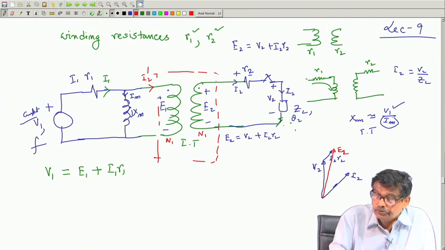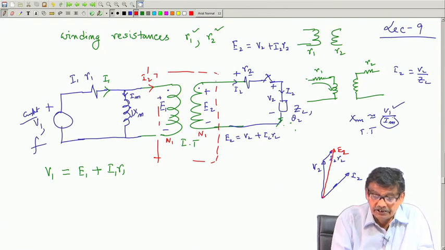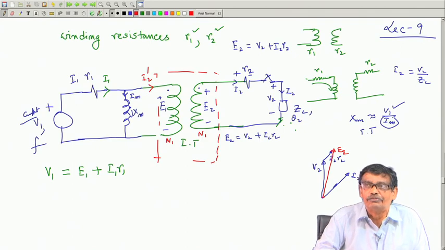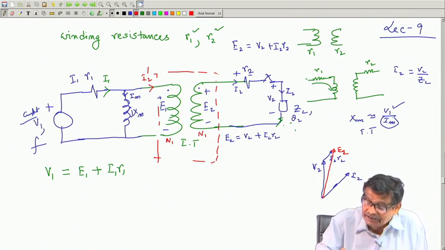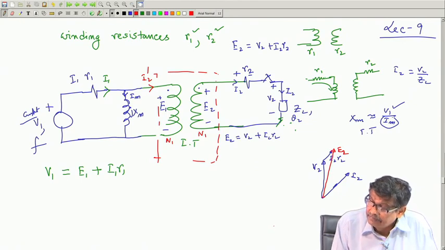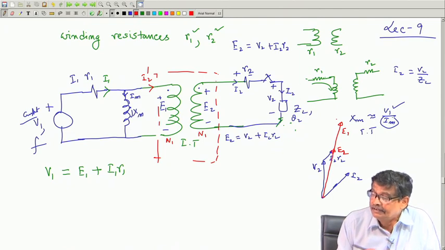If you get E 2, this ratio of voltage is N 1 by N 2, absolutely no doubt. Mind you, this V 1 by V 2 may not be N 1 by N 2 strictly speaking, but these induced voltages are N 1 by N 2. So, E 2 is this, then I know E 2 and E 1 are in phase. So, I can get E 1, assuming N 1 is greater than N 2, it will be this.